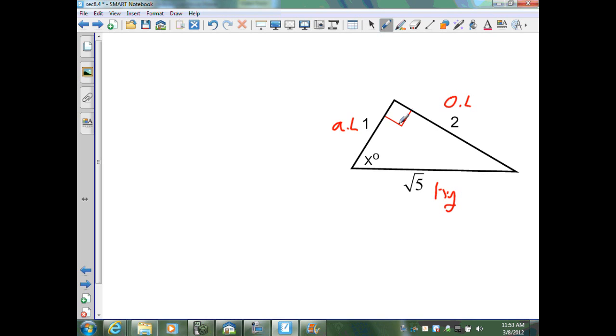Now I have to decide what trig ratio I want to use. If I want to use the adjacent leg, then that means I need to use the hypotenuse and the adjacent leg with cosine. So therefore, cosine of x equals the adjacent leg, which is 1 over the square root of 5.